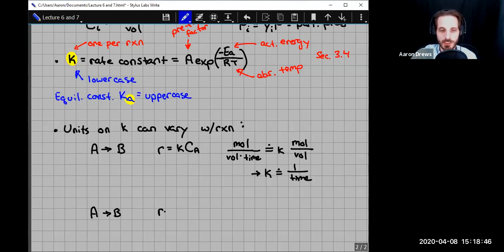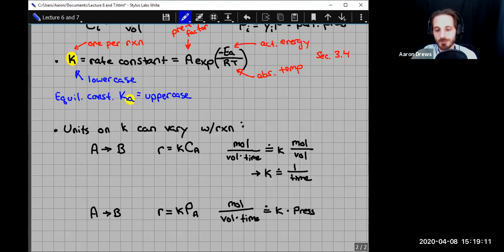Similarly, or I should say, in contrast, what if we write it in terms of partial pressure? Well, the units on the rate are still going to be the same. They will always look like some kind of a mole per unit volume per unit time. And that still has to match the moles on the other side, but the units of the partial pressure are going to be units of pressure, right?